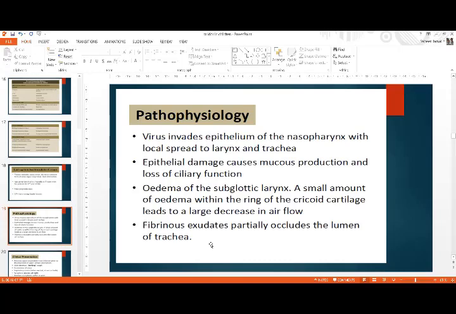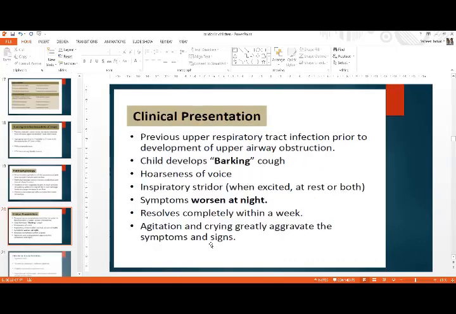This edema, along with the fibrous exudate, partially occludes the lumen. So all these factors contribute to decreased lumen of the airways, and as a result, there is resistance to the airflow, and that produces a harsh, high-pitched sound that we call stridor.